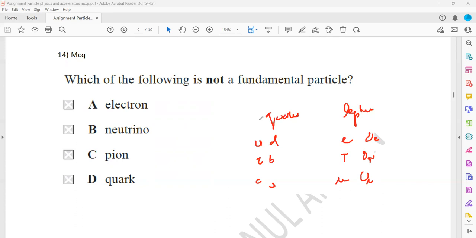These are the fundamental particles. So electron, neutrino, and quark are fundamental, but pion, which is a meson, a combination of quark and antiquark, is not fundamental. Quarks experience the strong nuclear force whereas leptons experience the weak nuclear force.